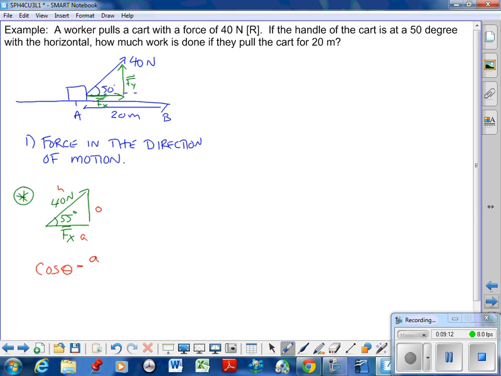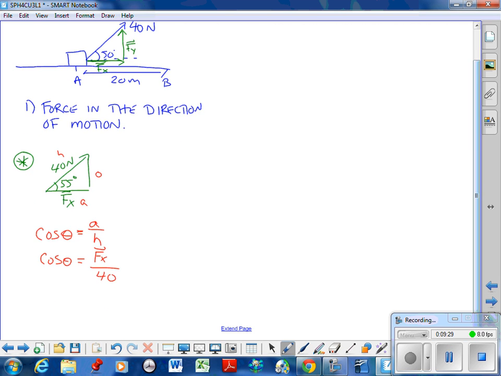Cos theta equals A over H. I'm just going to leave it generic for the moment. My adjacent side is the force that I want. The hypotenuse is the force I know, which is 40. So just rearranging, multiplying both sides by 40, I get the force I'm interested in is equal to 40 cos 55.